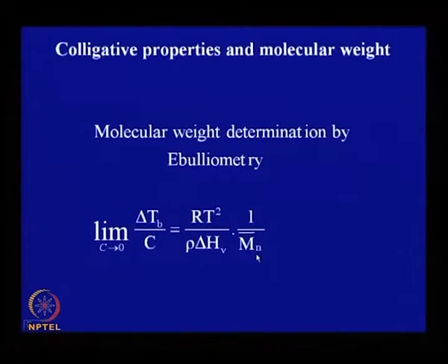So, these techniques of ebulliometry, cryoscopy and osmometry can provide you number average molecular weights of samples. Sometimes, if we have a vapor pressure osmometer, with the help of a vapor pressure osmometer one can determine the number average molecular weight of a polymer sample. Other than this, there are techniques like ultracentrifugation.